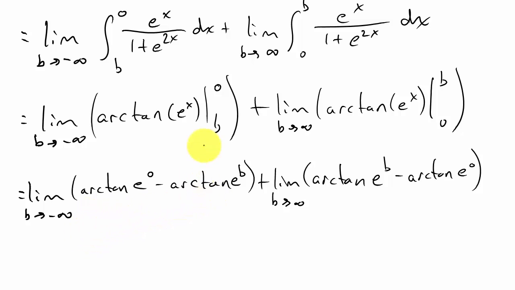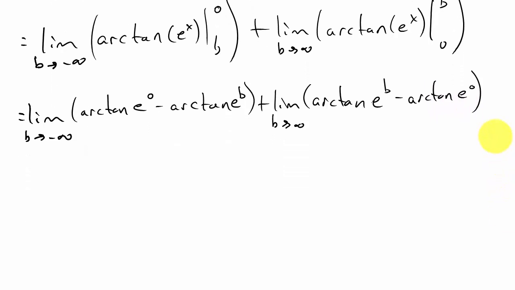So we're going to take the 0, plug it in. That gives us arctan e to the 0 minus, and then we plug the b in, arctan e to the b. And for this one, we plug the b in, so arctan e to the b minus, and then we plug the 0 in, arctan e to the 0. Alright, now I think I'm squared away.